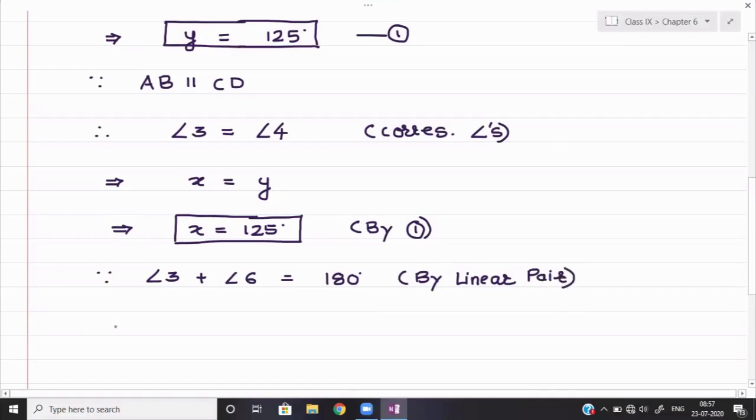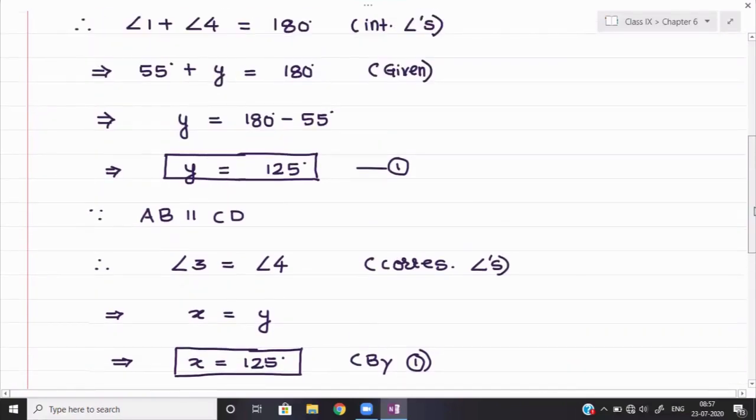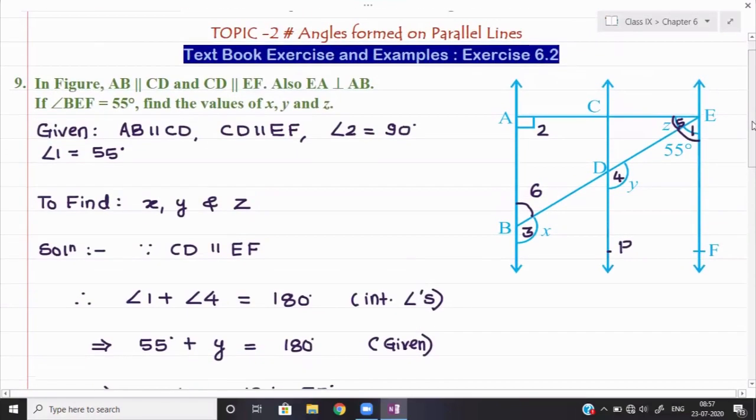Angle 3 will be equal to x here. So what is the value of x I have? 125. So 125 degree plus angle 6 will be equal to 180 degree. So we can say that angle 6 will be equal to 55 degree, right? Because 125 will go on that side, again it will be subtracted from 180, so we can say that it remains 55 degree.